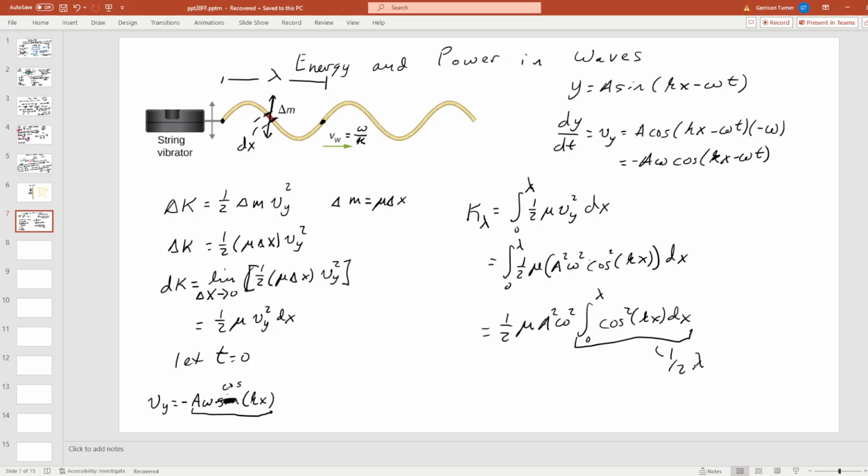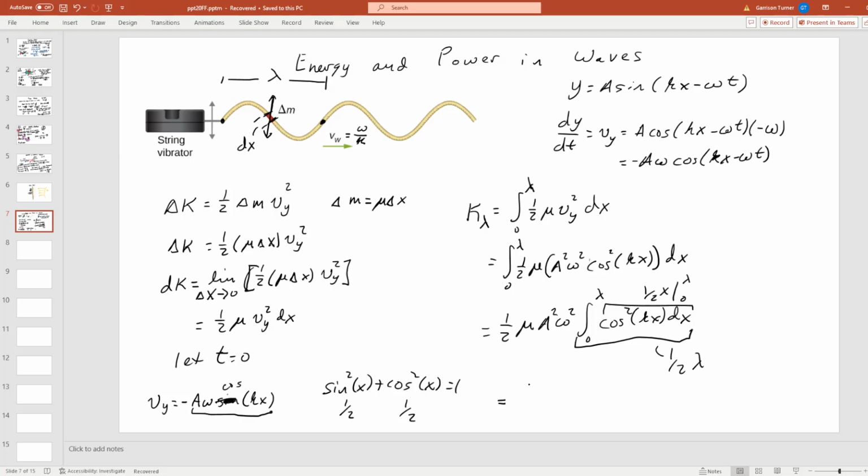But the reason is that sine squared and cosine squared add up to 1, and they both contribute half of it. So this becomes 1/2, and when I evaluate that from 0 to lambda, it becomes 1/2 lambda.